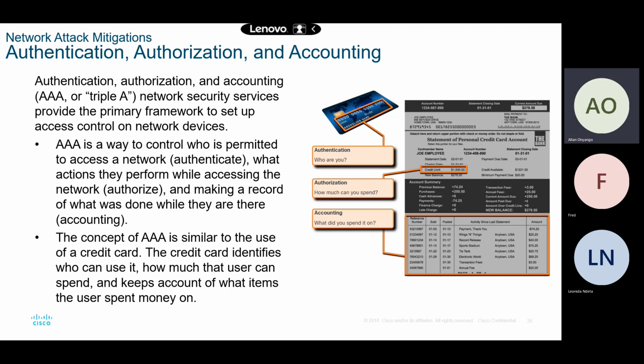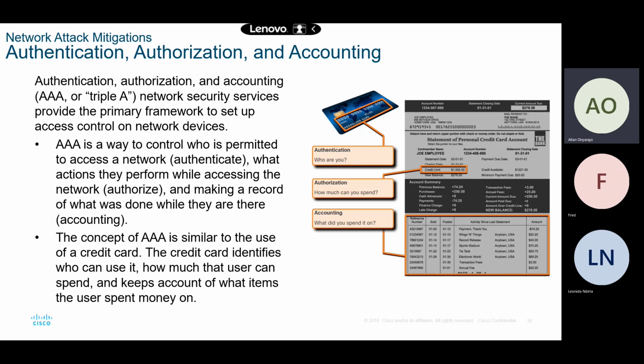Once you put the correct pin and you are let in, there are things you can be allowed to do and things you'll not be allowed to do. For example, you'll be allowed to withdraw some cash, but you cannot withdraw more than what you have in your account. You cannot withdraw from someone else's account.